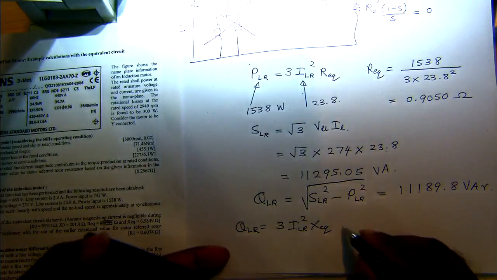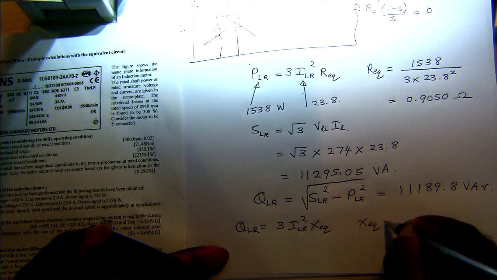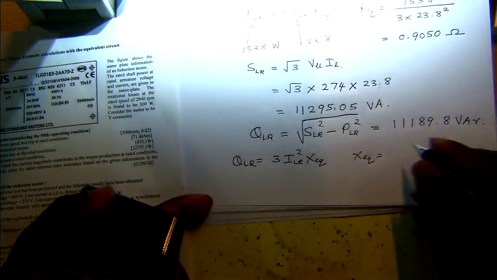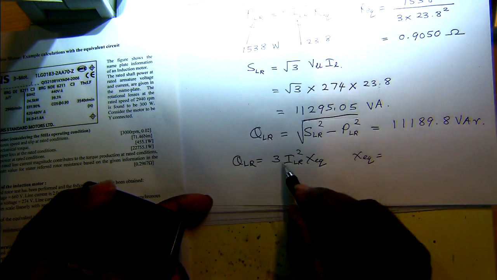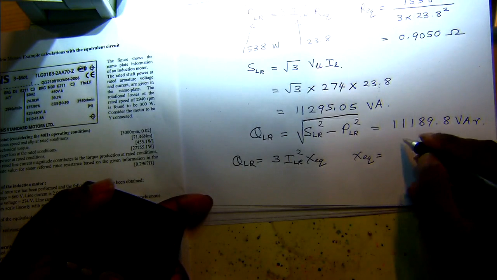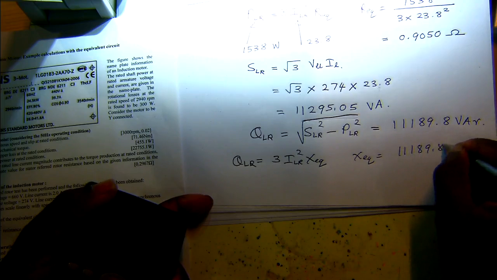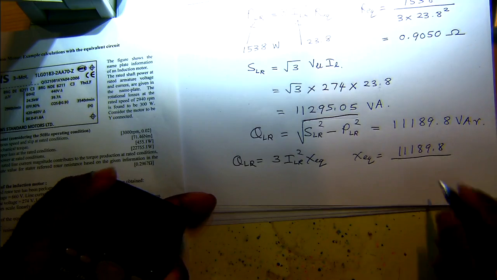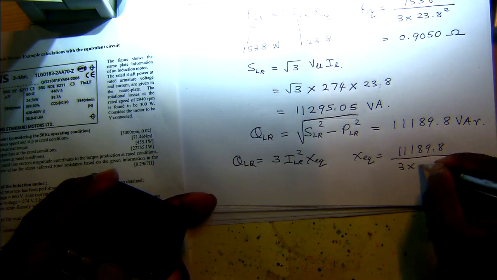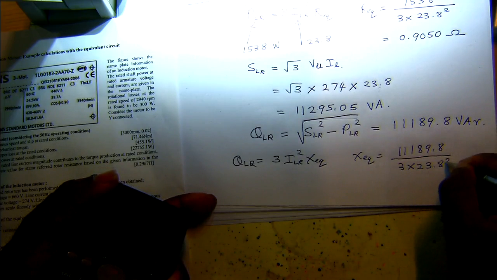And then XEQ will be Q lock rotor divided by 3 times the current squared. So that will be 11189.8 divided by 3 times 23.8 squared.